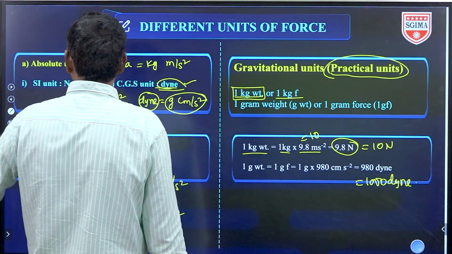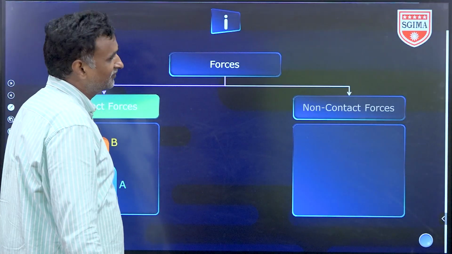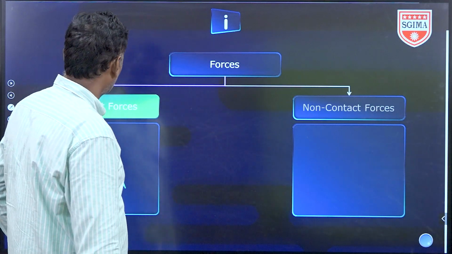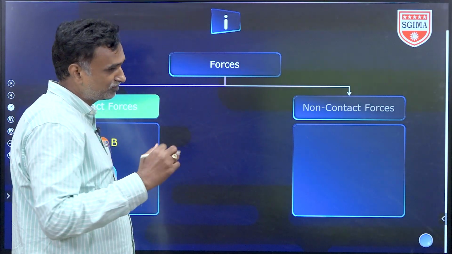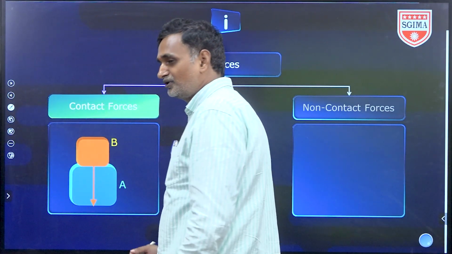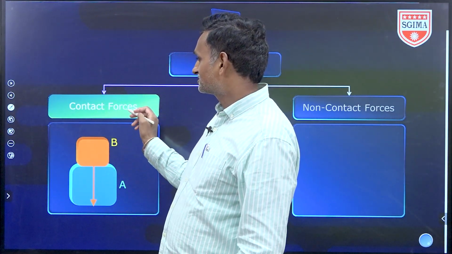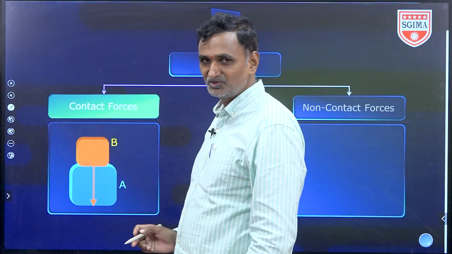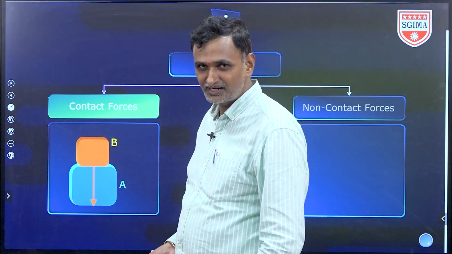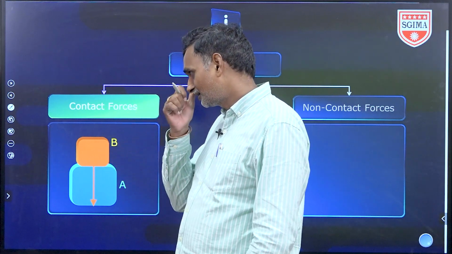Let us move on to the next slide. Let us see different types of forces here. Forces are basically classified into contact and non-contact forces, based on physical contact. First, contact forces: where one object exerts force on the other with physical contact, such forces come under contact forces.